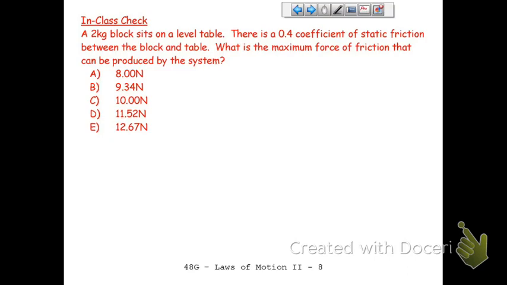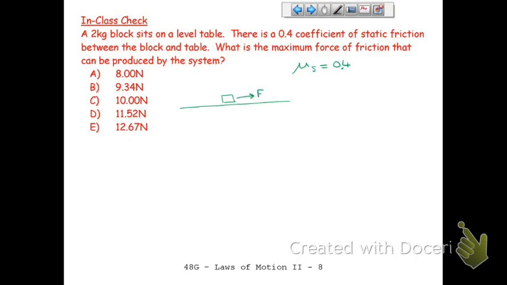A 2 kilogram block sits on a level table. There's 0.4 coefficient of static friction between the block and the table. What's the maximum force of friction that can be produced by this system?